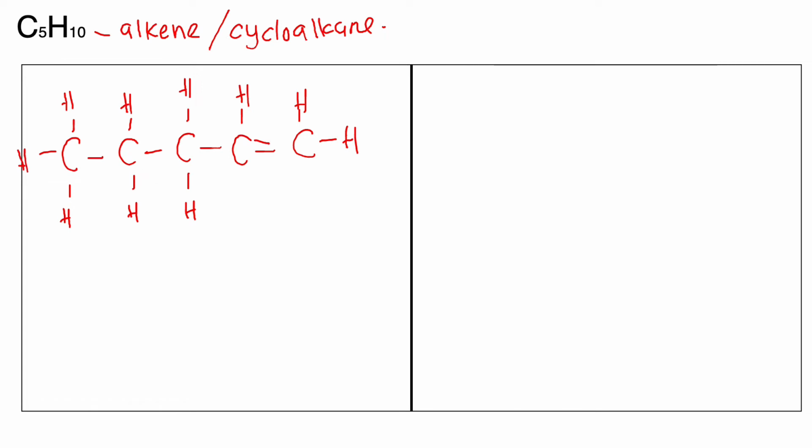Okay. And let's construct cycloalkane. Okay. Kalau 5, we are going to construct cyclopentane. Okay. So 1, 2, 3, 4, 5. This 5 carbon. Okay.